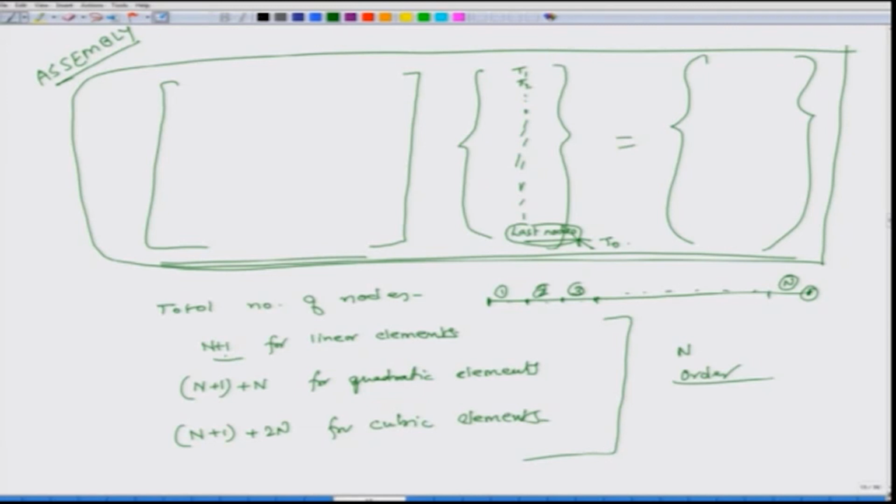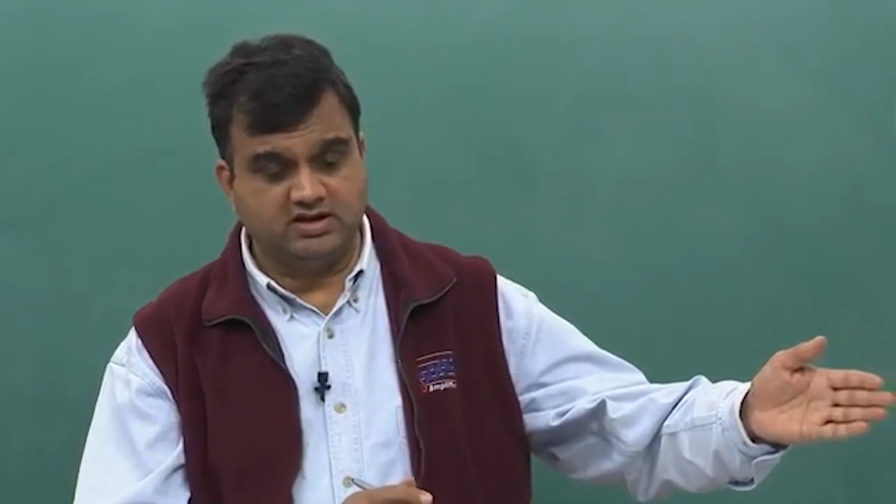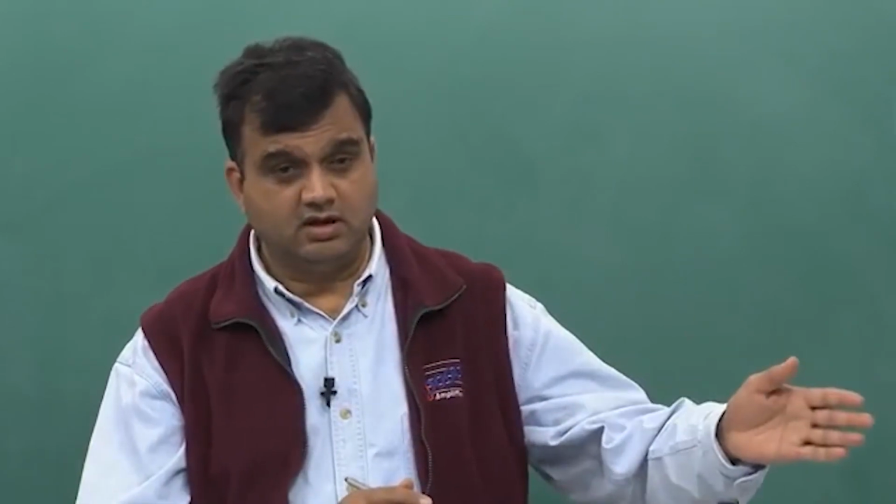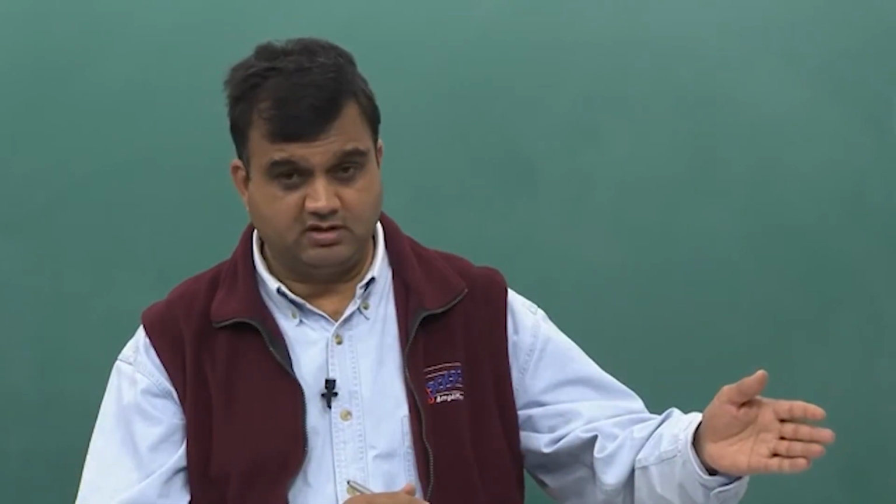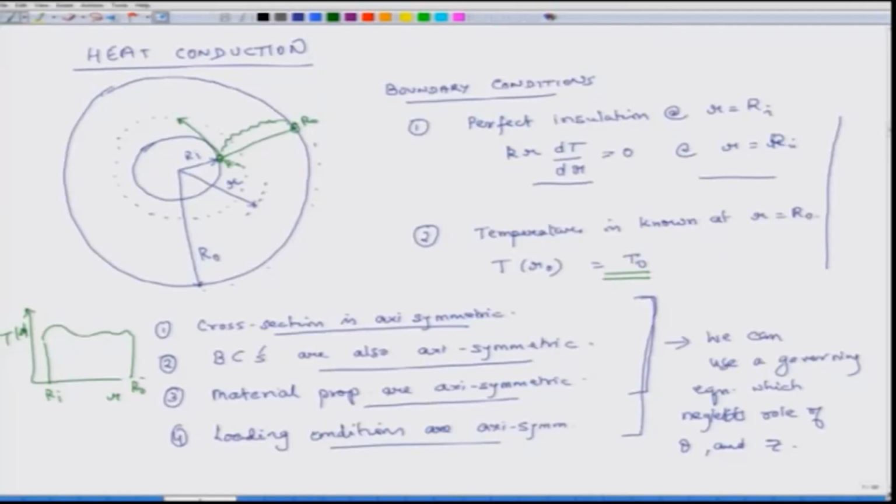Similarly, the other boundary condition was that at the inner radius there is no flow of heat, which means this mathematical condition has to be prescribed, and that is also what we do somehow in this set of equations.